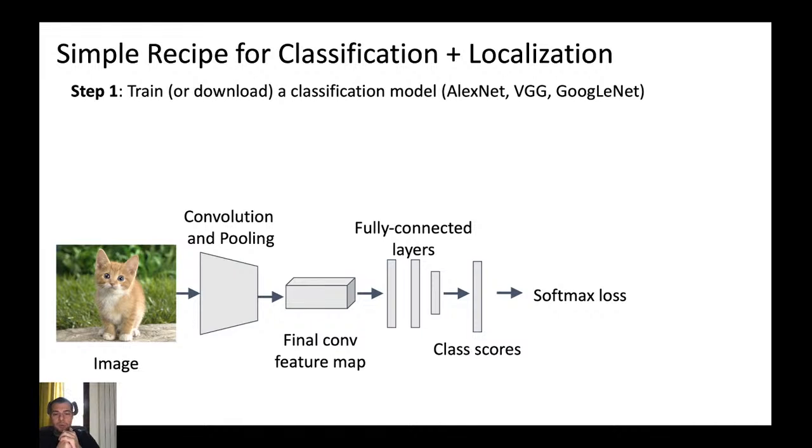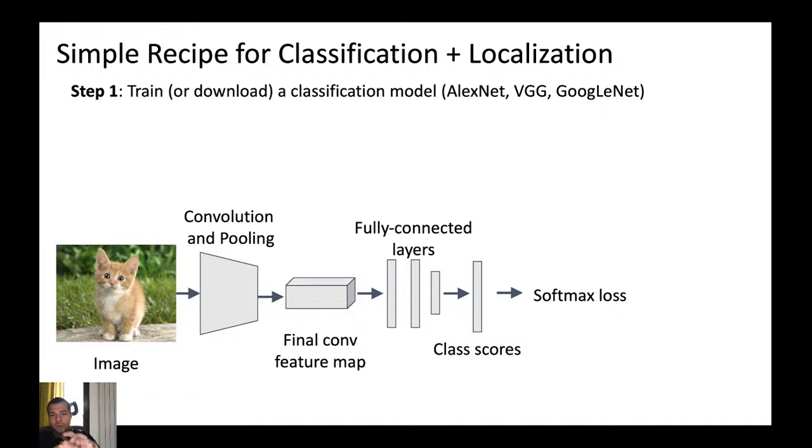Now, if we want to do both classification and localization, then we have to change this architecture a bit. This is the classic architecture that is commonly used for classification. It can be, for example, an AlexNet, VGG, GoogleNet, and so on.